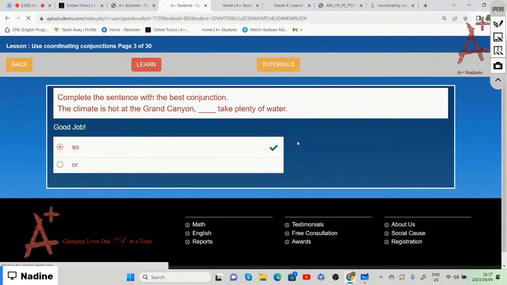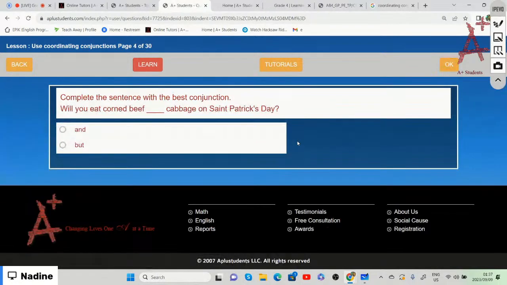So will you eat corned beef and cabbage on St. Patrick's Day? Or will you eat corned beef but cabbage on St. Patrick's Day?